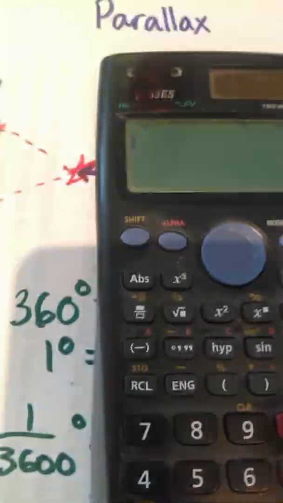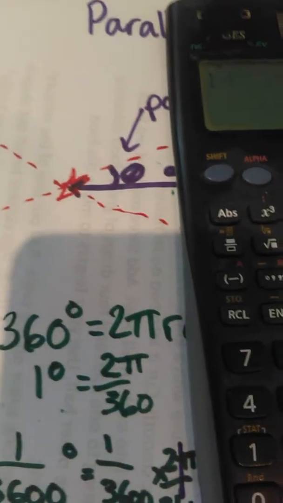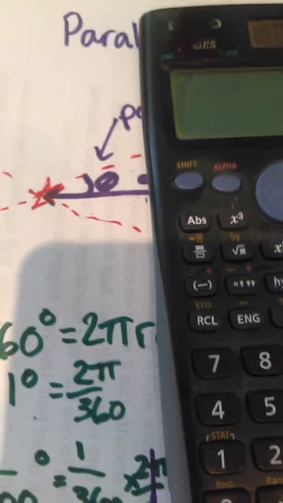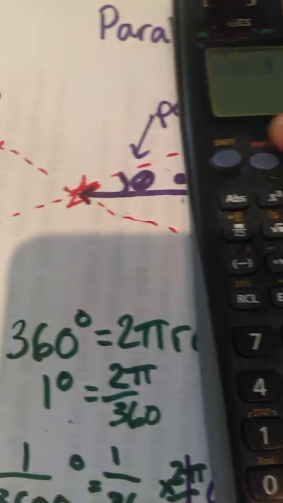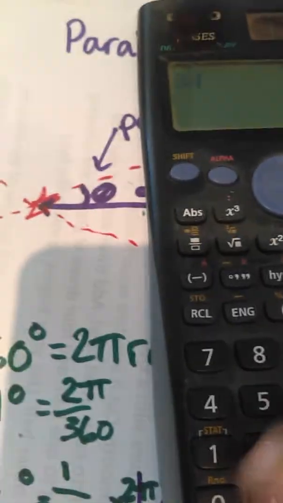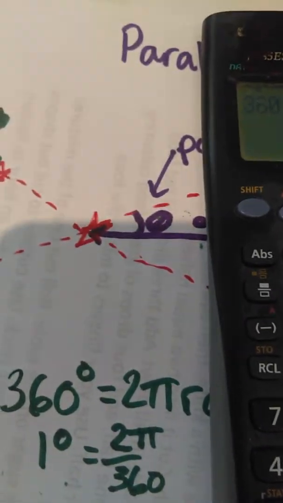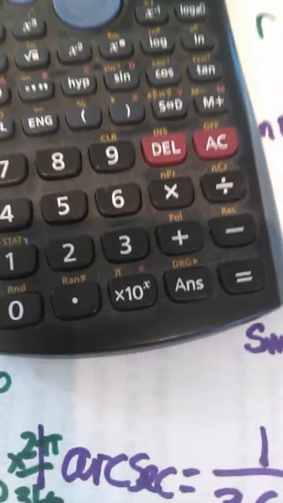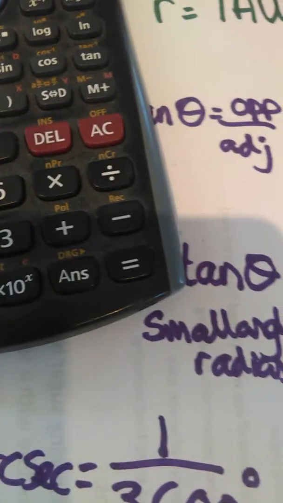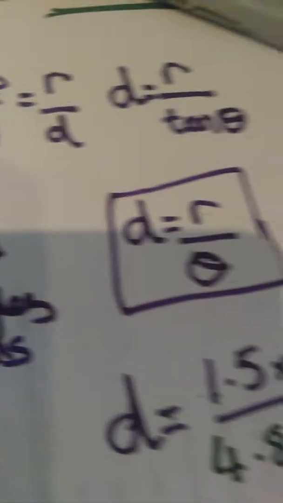So if I do 1 divided by 3,600, and then multiply that by 2 pi and divide it by 360, I get an answer of 4.85 times 10 to the minus 6 radians.